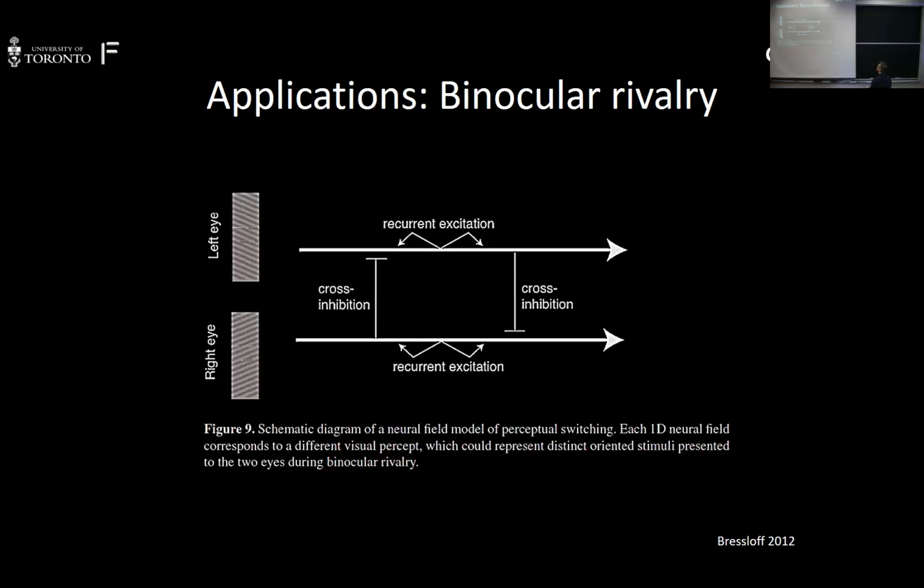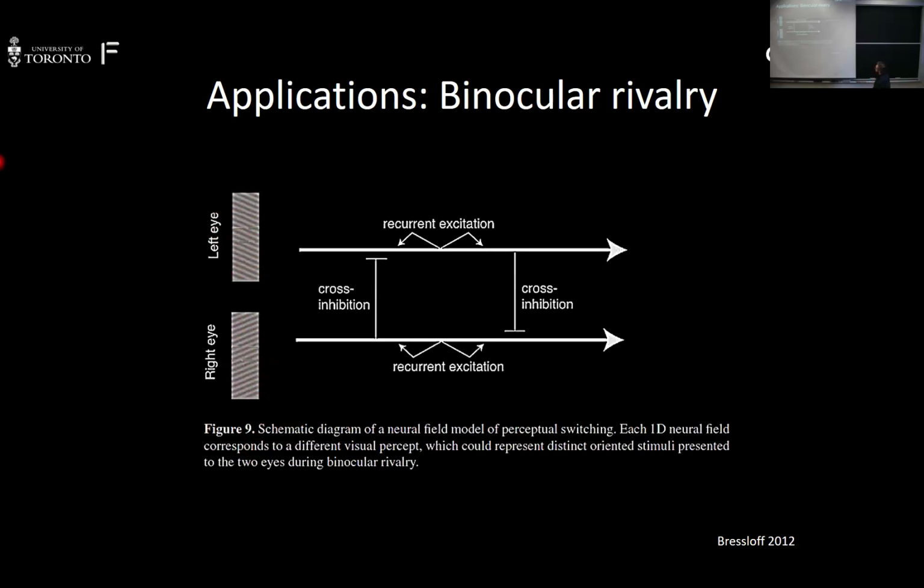I don't have the diagram showing how this works, but what you can think about is what you see here. This is what you're seeing on your left eye. This is what you're seeing on your right eye. So this is a visual stimulus. In an experimental context, it would be a grating where the bars are going left to right on your left eye, and the same thing on your right eye.